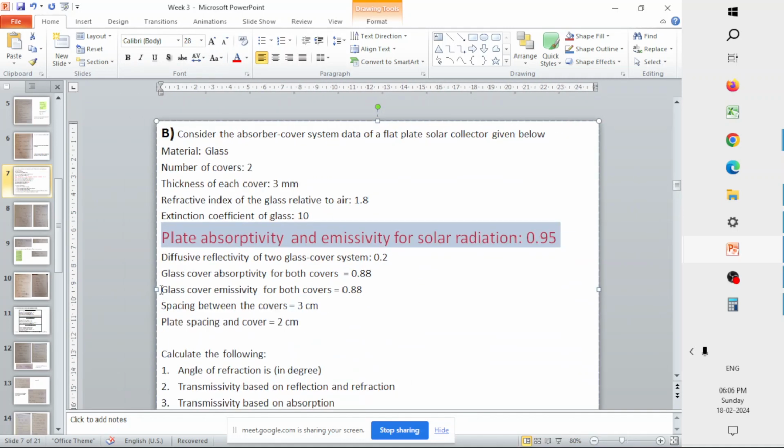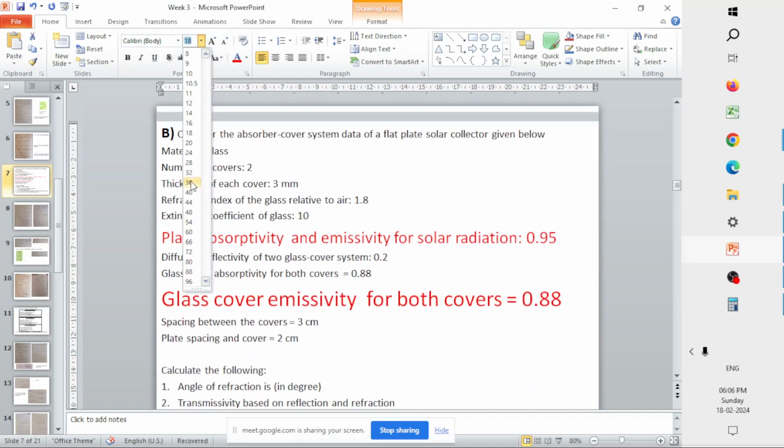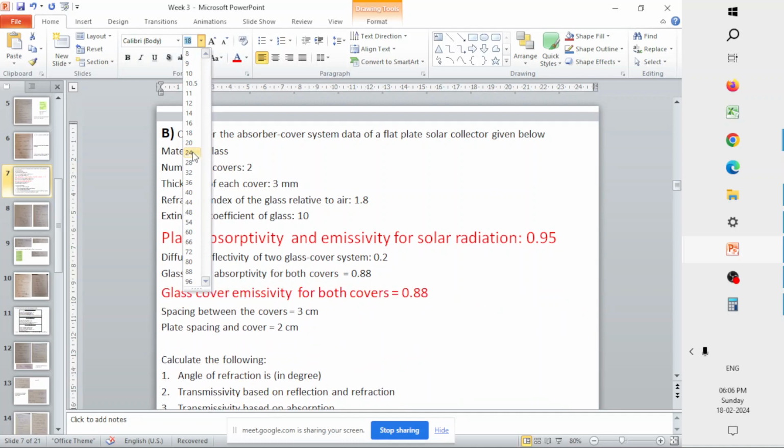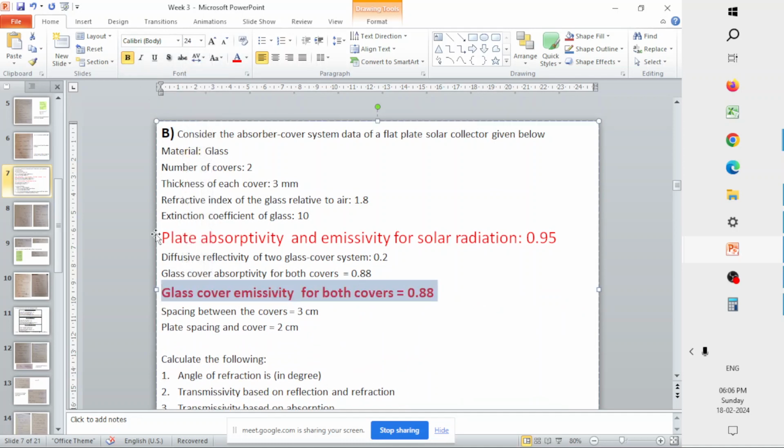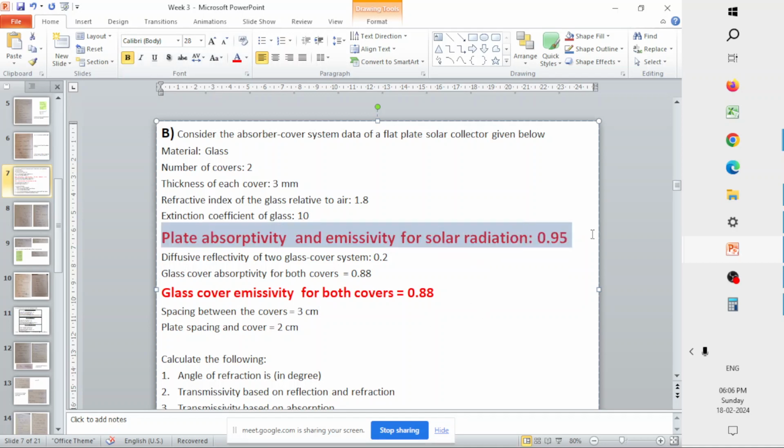And the glass cover emissivity and absorptivity, both, but over there those two terms, plate emissivity and glass cover emissivity, that is 0.88. So this is 0.95 and this is 0.88.